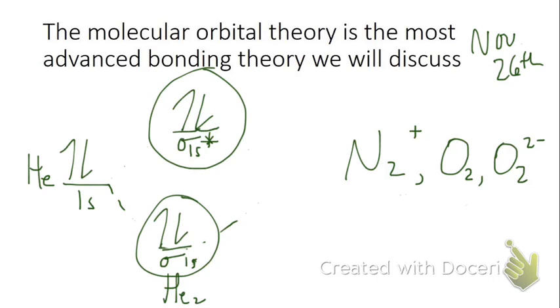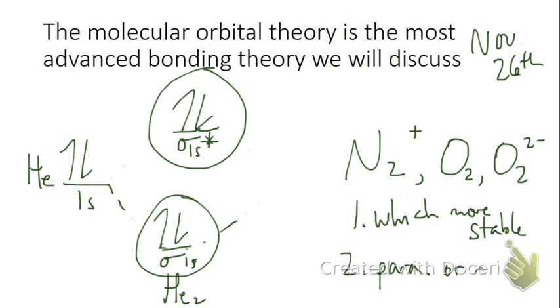I want you to tell me which is more stable. You tell the stability of bonds by the bond order number. The higher the bond order, the more stable a bond is. And then I want you to tell me if they're paramagnetic or diamagnetic.